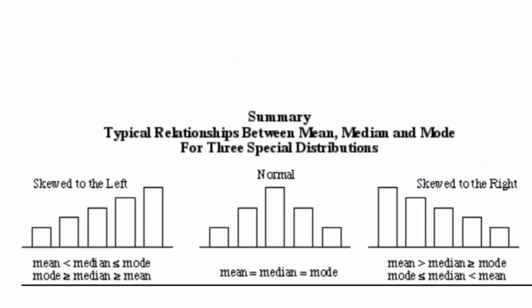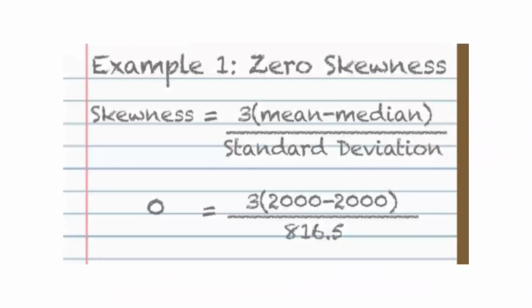All right, so here's another nice picture showing the relationships between mean, median, and mode. I like to have this formula in the back of my head. You're not responsible for knowing this, but basically, think about this. If the mean and the median are the same, mean minus median would be 0, right? And 3 times 0 is 0.